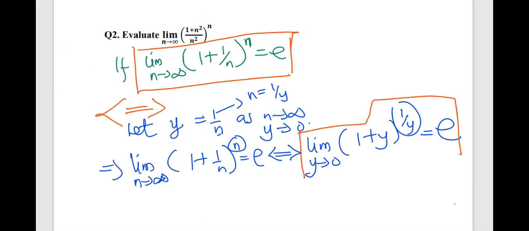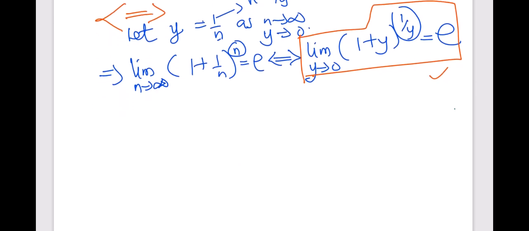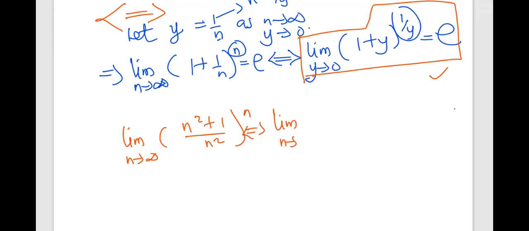Aside from this one, we also have this. So anywhere we see this in our question, we can replace it with e. So now let's see. Our question is the limit as n approaches infinity of n squared plus 1 all over n squared, all power n, which we can write as the limit as n approaches infinity of n squared over n squared plus 1 over n squared, all power n.